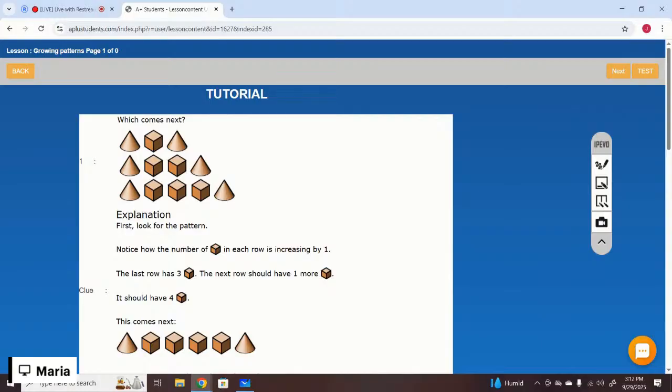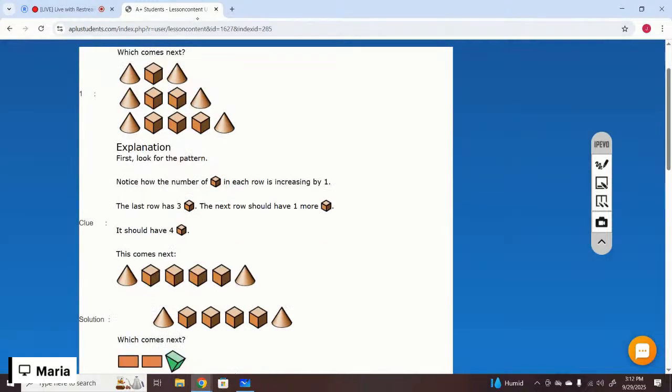So patterns are growing. We need to see which is the next pattern. A cube and a cone, two cubes and a cone.